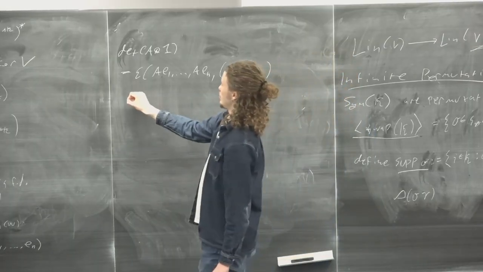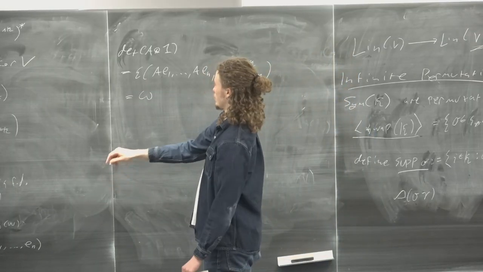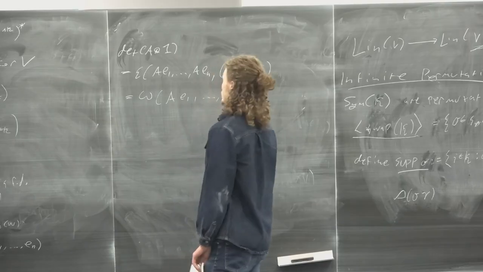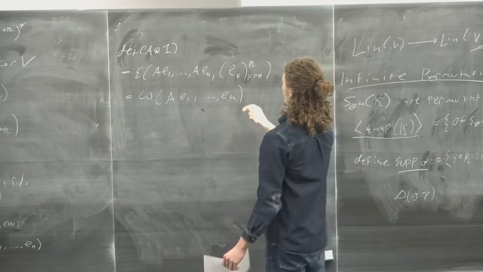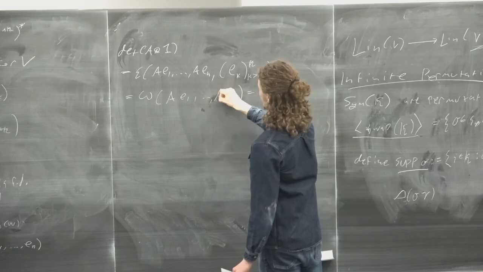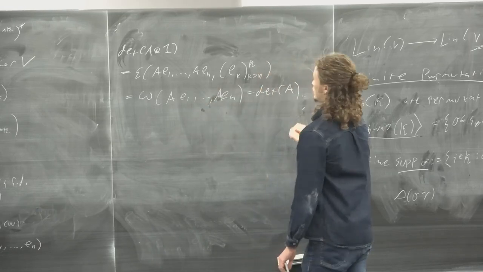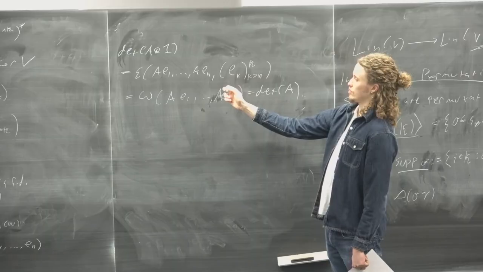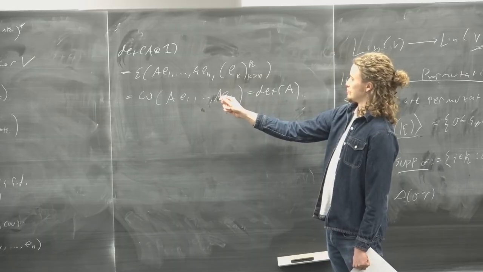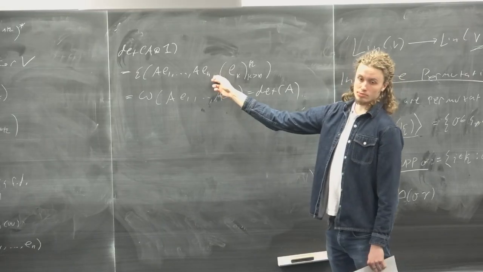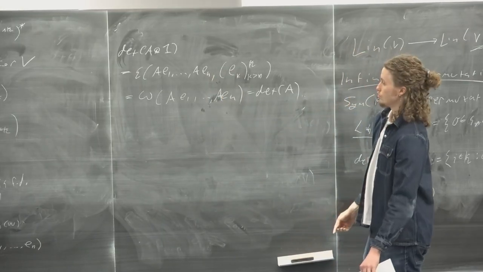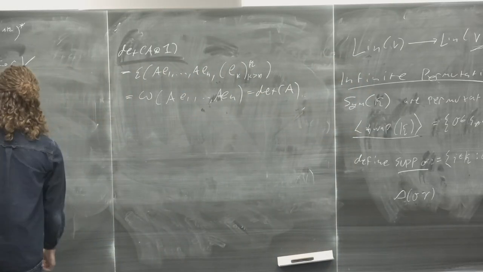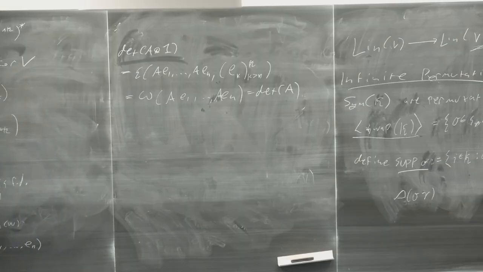So this is equal to omega, which is the determinant on W, of A e_1 up to A e_n. And so I can lift the properties. This is just det of A. And so you can lift these properties from A up to this product here. The exact same things hold as long as I'm taking only products of this, but this serves to prove this at the very least.